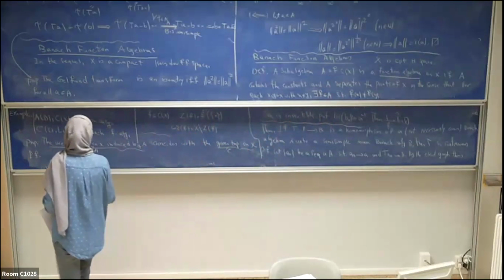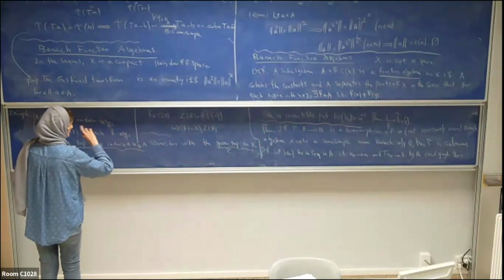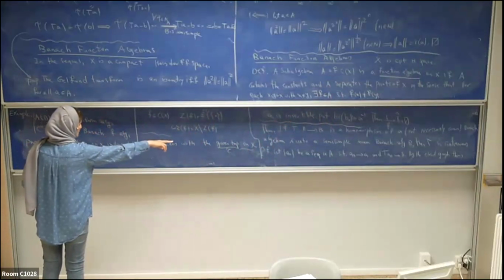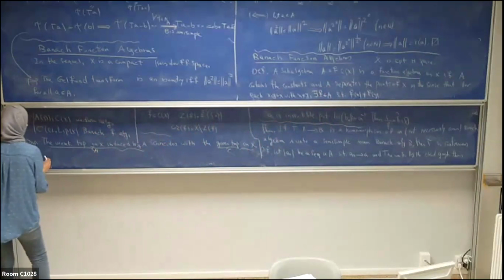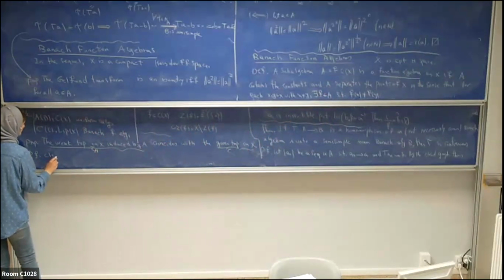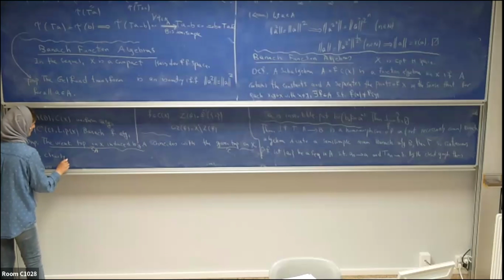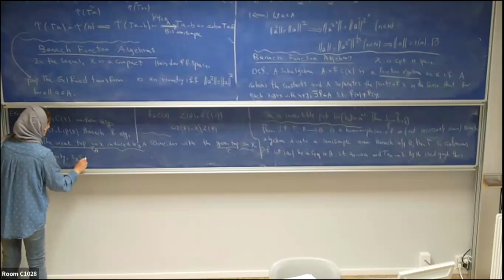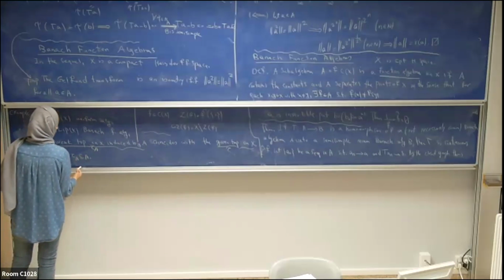Because each function is continuous with respect to tau, and this is the weakest one, clearly tau_A is weaker than tau.